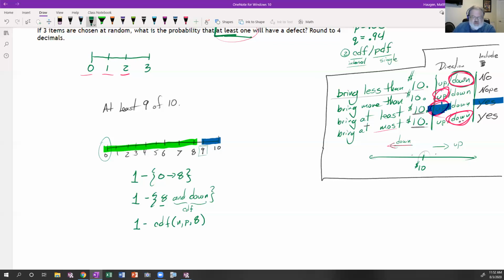When we read a problem, we often just look for the numbers, highlight those numbers, and put those numbers into our tools. One of the reasons at most questions don't tend to be as bad is that the at least ones tend to be the worst ones.